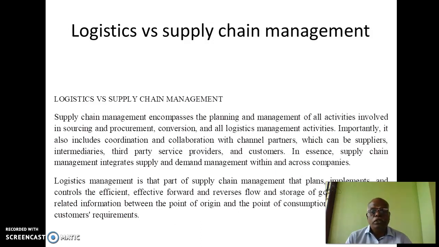So logistics talks about movement of goods and services from the point of origin, where it is manufactured, to the point of consumption. This is the difference between logistics and supply chain management.